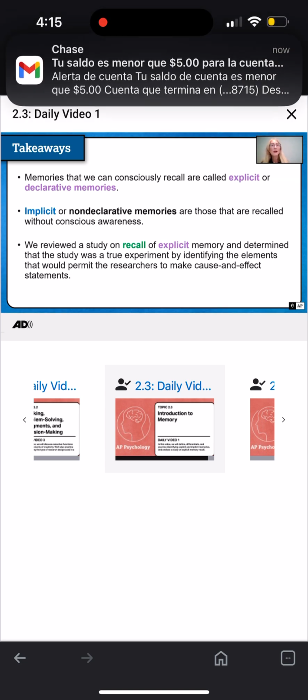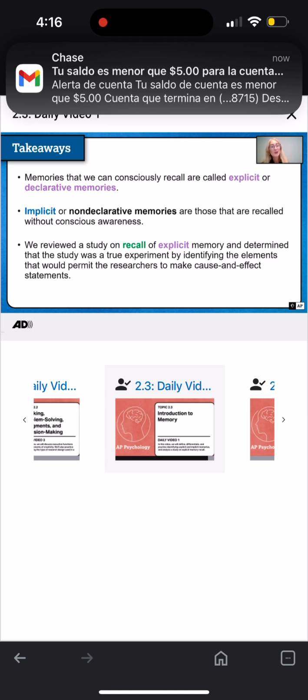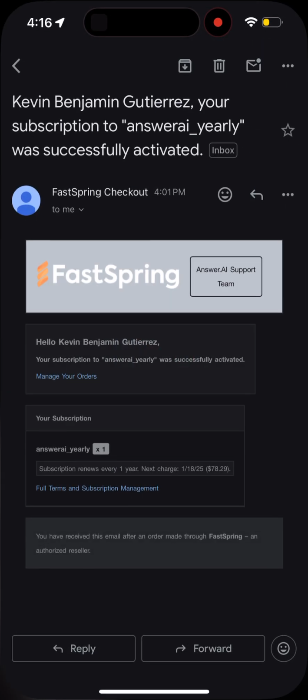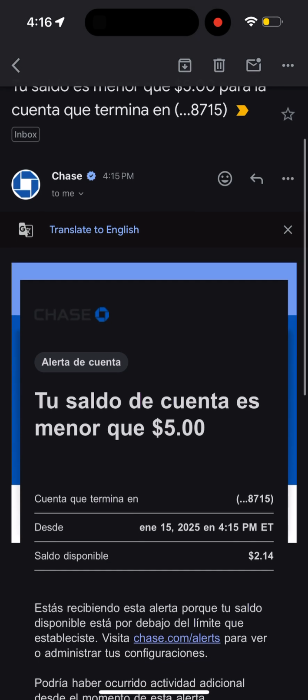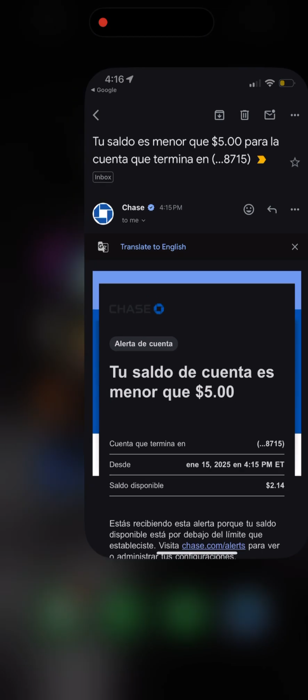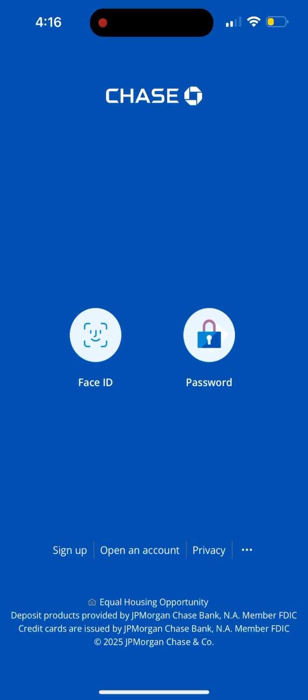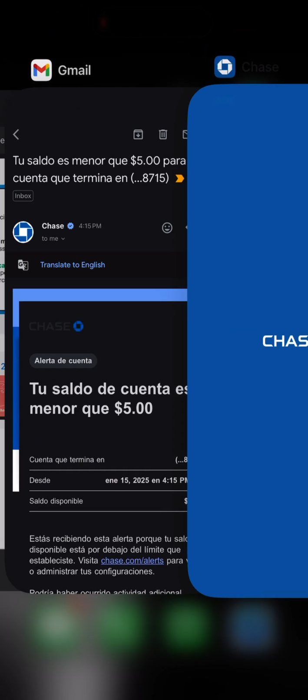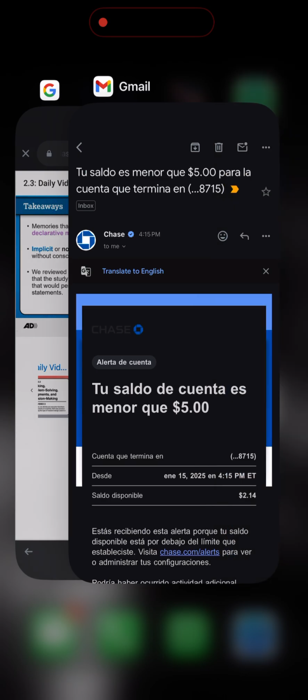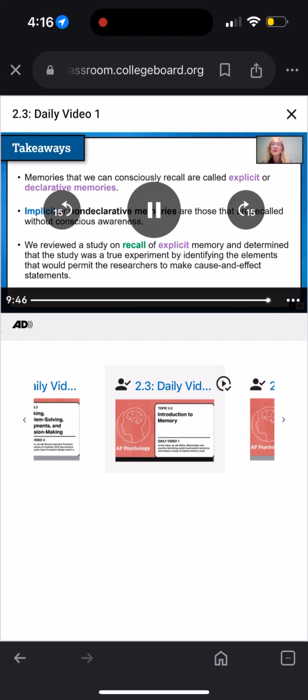We reviewed a study on recall of explicit memory and determined that the study was a true experiment by identifying the elements that would permit the researchers to make cause and effect statements.